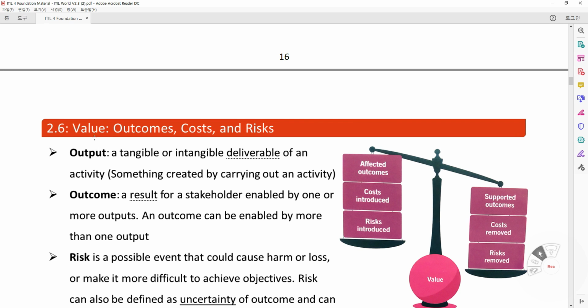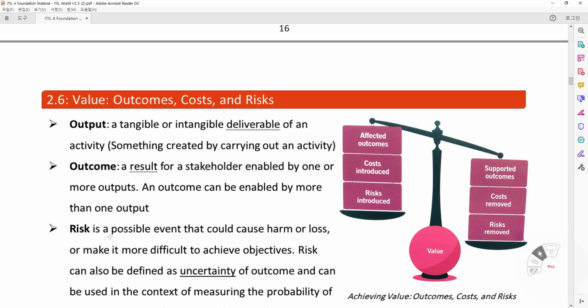Value: outcomes, cost and risk. Output, tangible and intangible deliverable of an activity, something created by carrying out an activity. Outcome, a result for a stakeholder enabled by one or more outputs. An outcome can be enabled by more than one output.